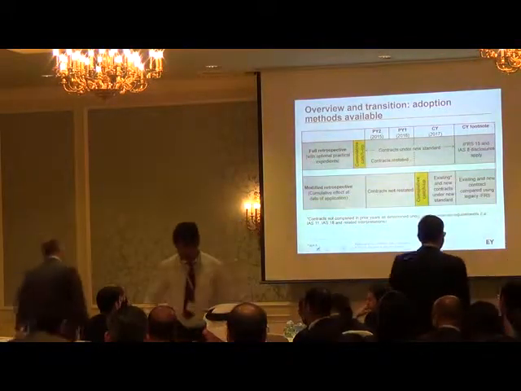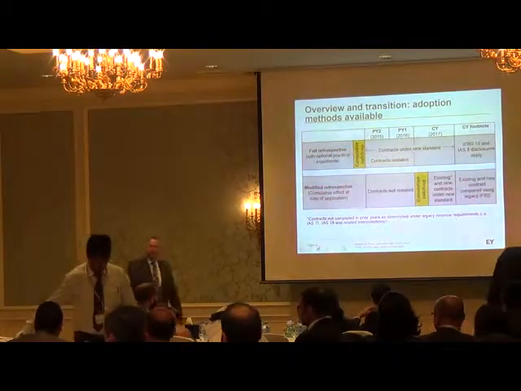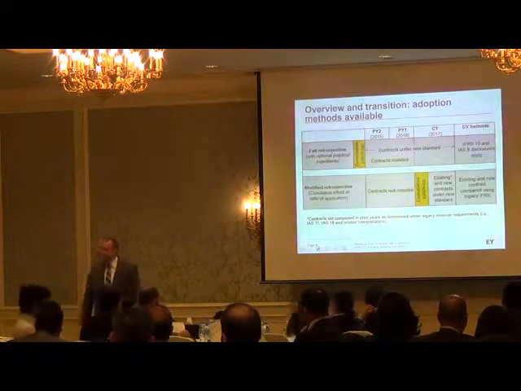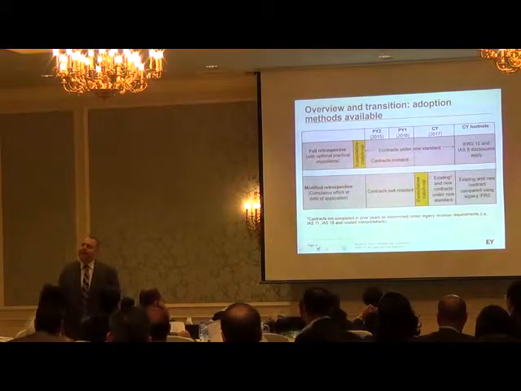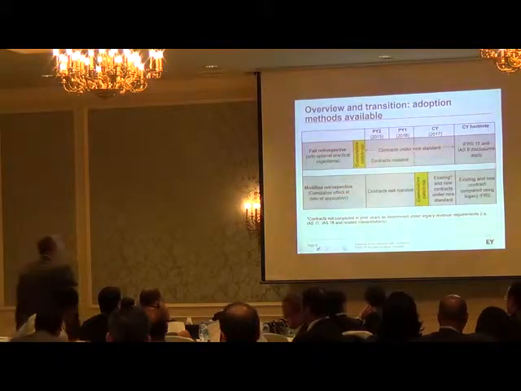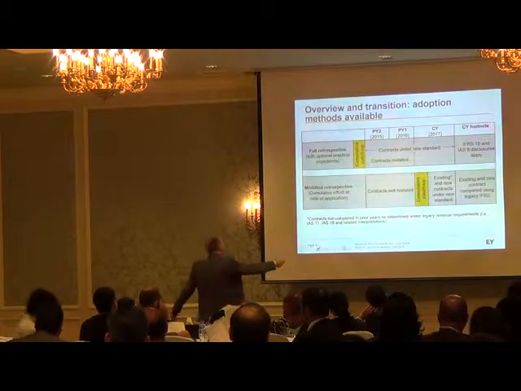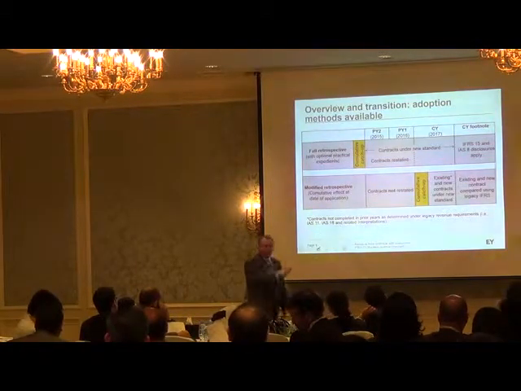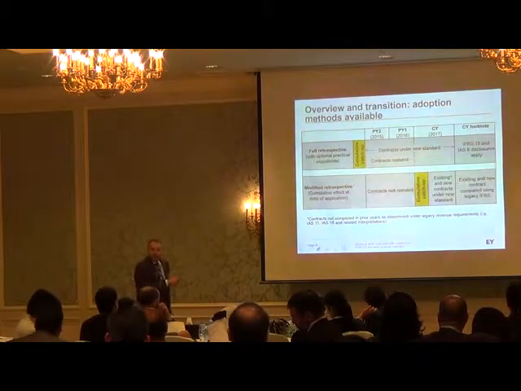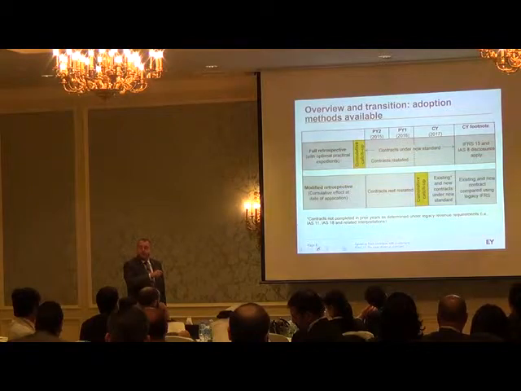What you have to do is restate every contract that you have, no matter if it's under IAS 18 or IAS 11 currently, okay? And you have to disclose all notes according to IFRS 15, which means that you will have a cumulative catch-up just before the first comparative period.